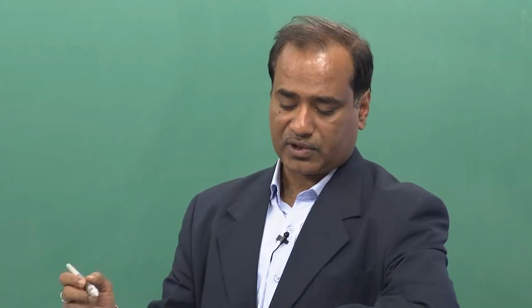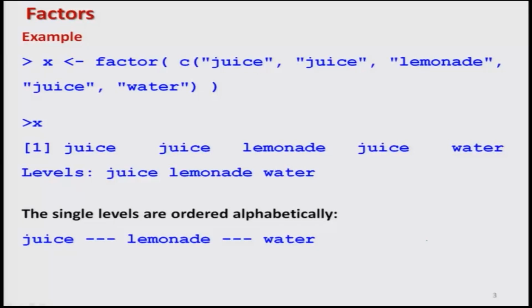Now in this example, I have simply taken a vector of some strings, and there are 5 observations. The first observation is juice, second is juice, third is lemonade, fourth is juice, and fifth is water. These values are combined by the c operator, and we are interested in finding out the factor of this vector.